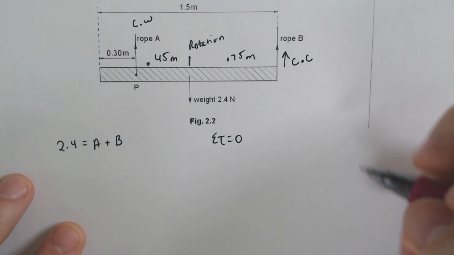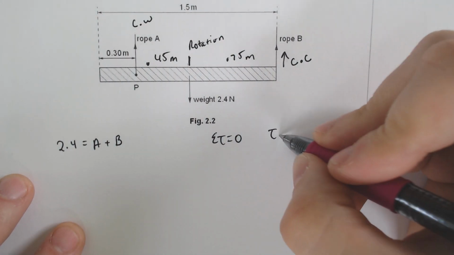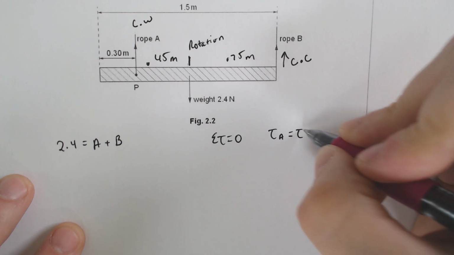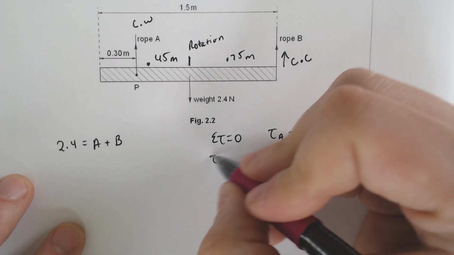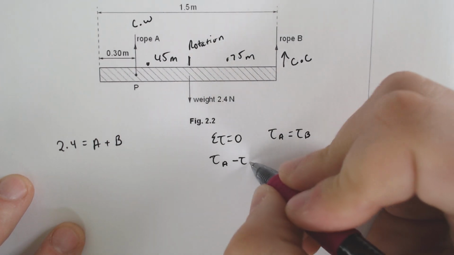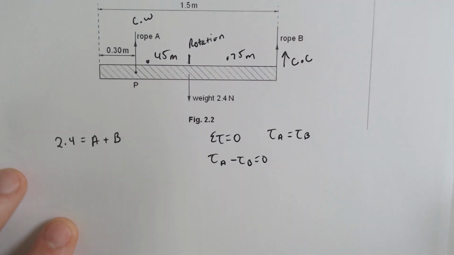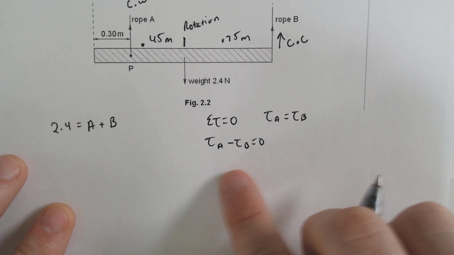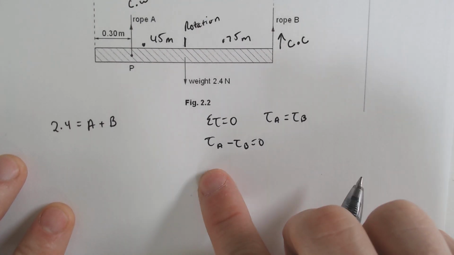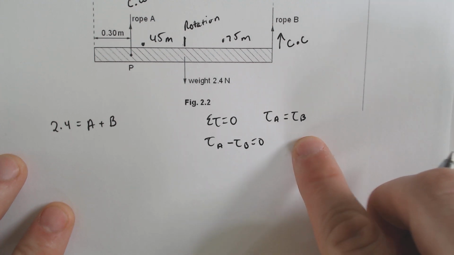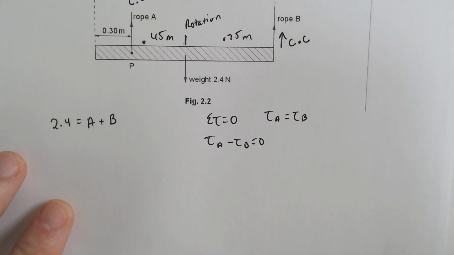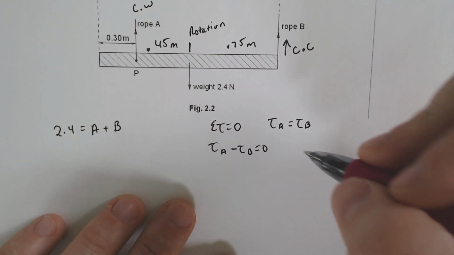So there's two ways to do that. You could say the torque due to A is equal to the torque due to B, or the torque of A minus the torque of B is equal to 0. Typical people would prefer torque A minus torque B equals 0, but I prefer torque A equal to torque B. It depends on which way you're dealing with it.